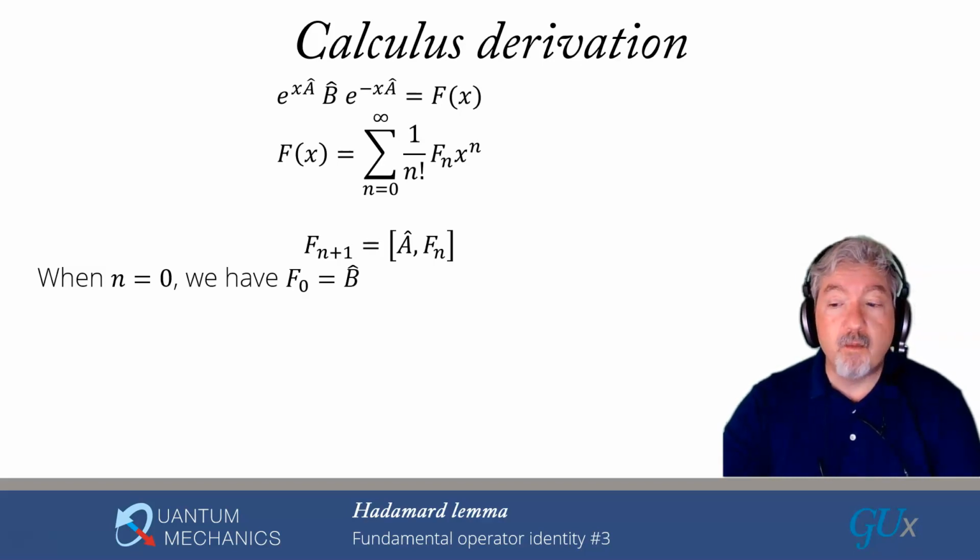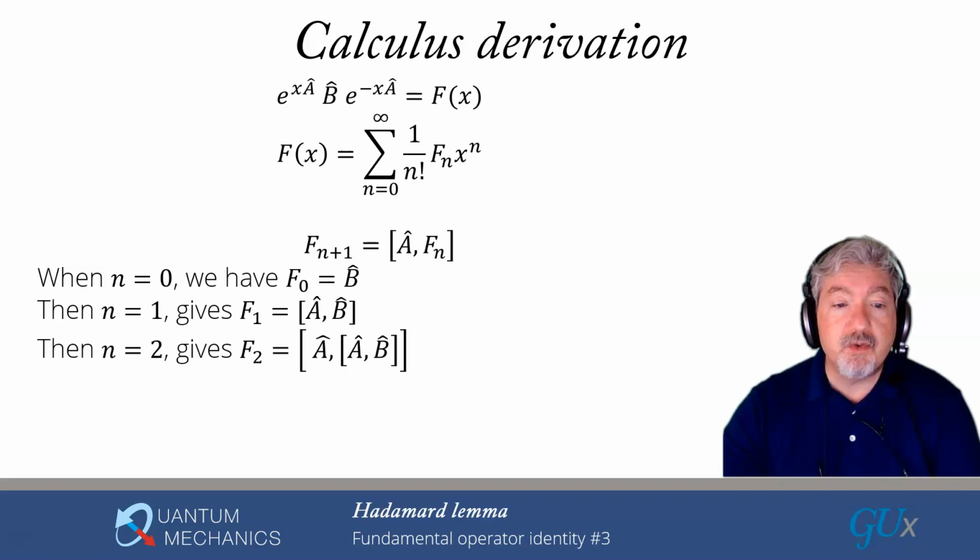Now I calculate f1 from this recurrence relation. f1 is equal to the commutator of a with b, because f0 is equal to b. And then f2 is equal to the commutator of a with f1, but f1 was the commutator of a with b. And you can see here, this is a recursion relation that can very easily be solved for the general term.